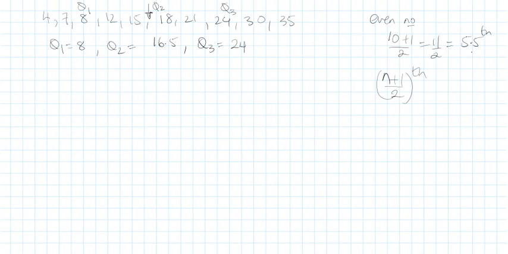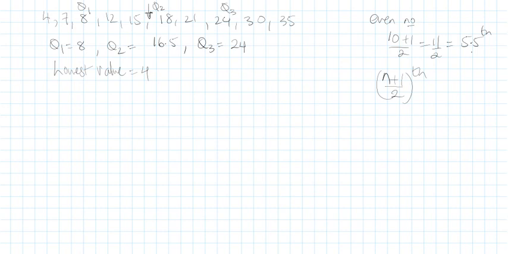So if you need to draw a box and whisker plot, you first need the quartiles, and then you need the lowest value of the data set, which is 4 here. In case your numbers are not in ascending order, that's the first step in your workings, whereby you write the numbers in ascending order and then you work out the quartiles, because all these ranking formulas won't work if it's not in ascending order.